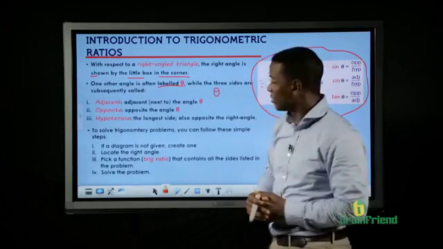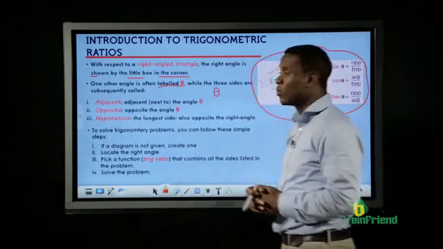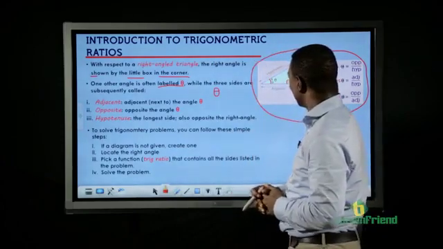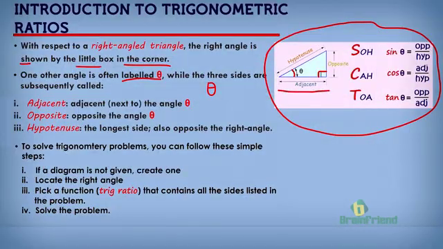Subsequently, the sides of our right angle triangle are named. The adjacent side is the side immediately next to our angle. So we see our angle here, and we have that side. The opposite side is the side directly opposite our angle in question, which is our theta here. So the side directly opposite it is this side, and that side is called the opposite side.